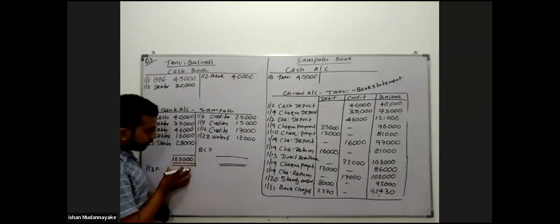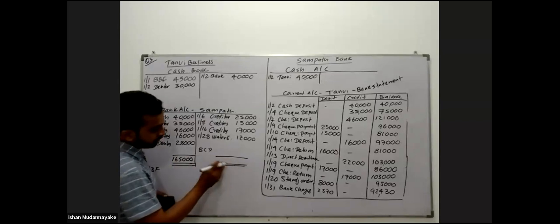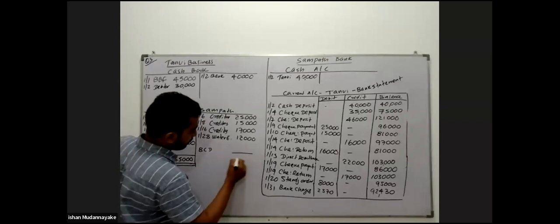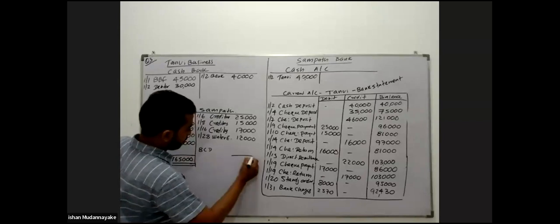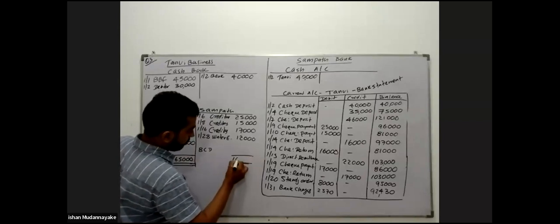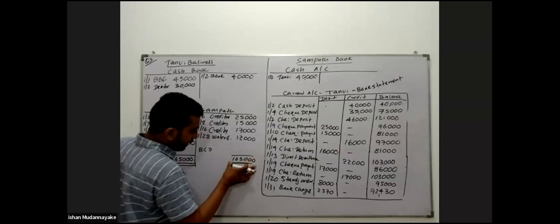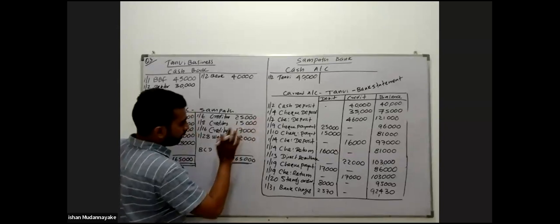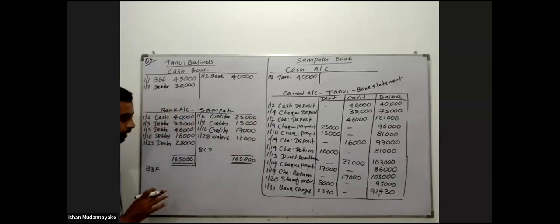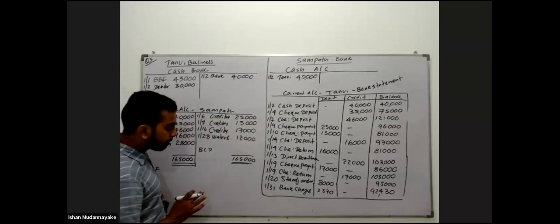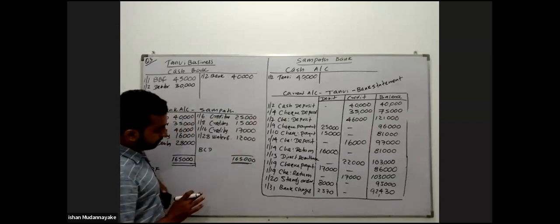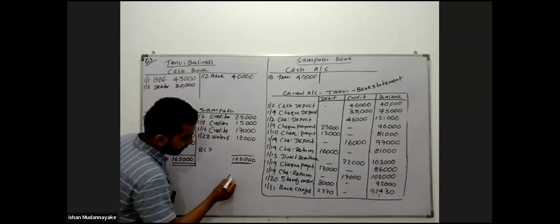Right, transfer this amount to the credit side. Again, 165,000 minus the total of 69,000.